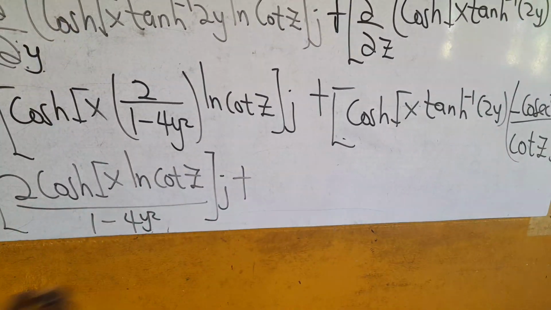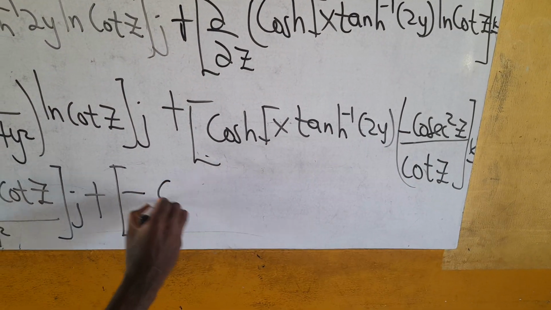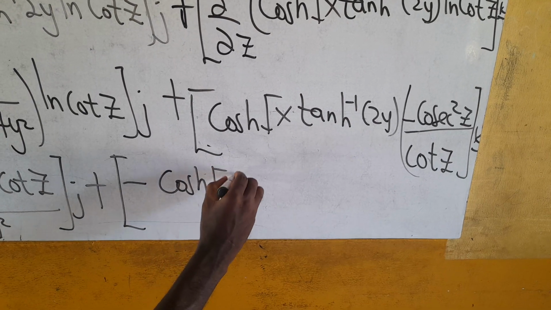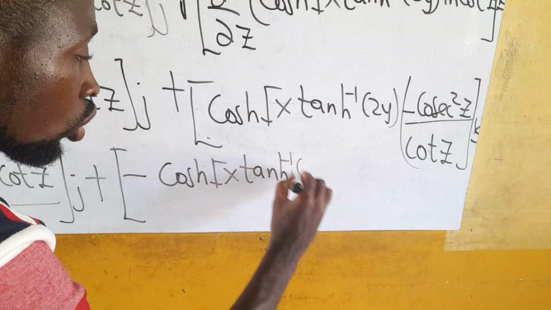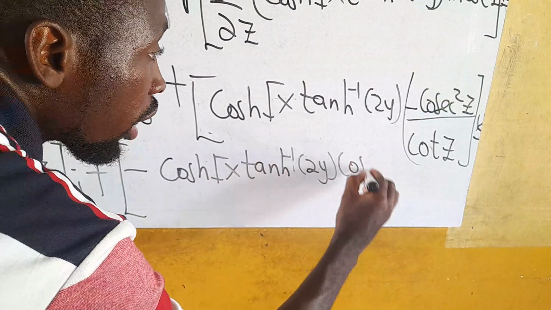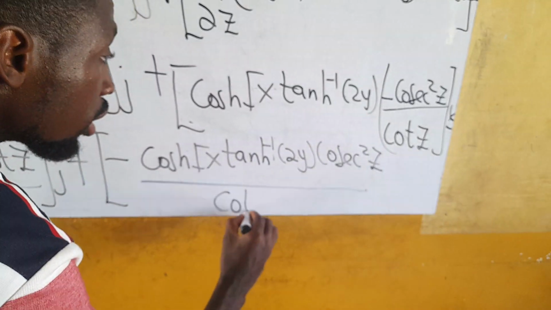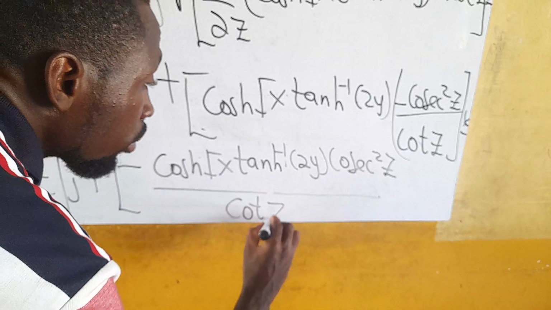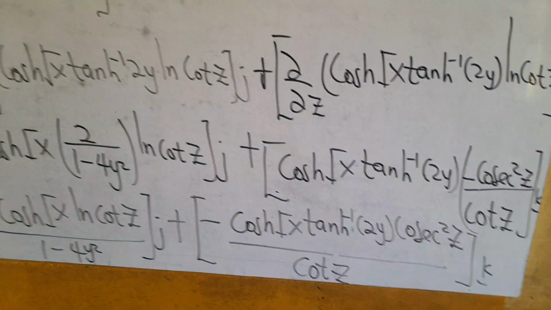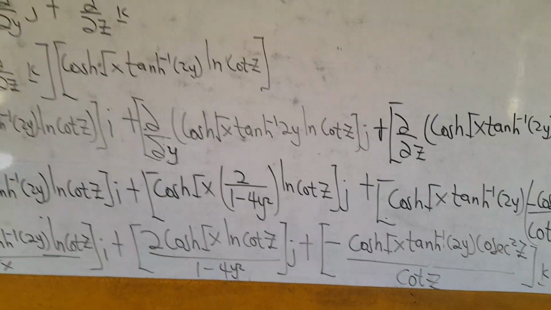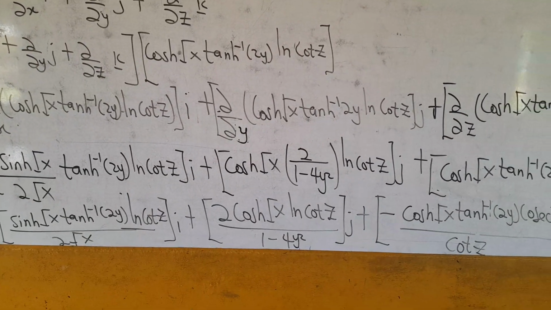Then plus, because of the negative here, negative cosh root x tan inverse of 2y cosec squared z all over cot z, and all this is in the k direction. This becomes the gradient of the scalar field. I hope you get that.